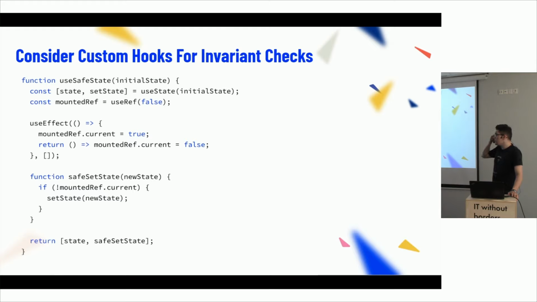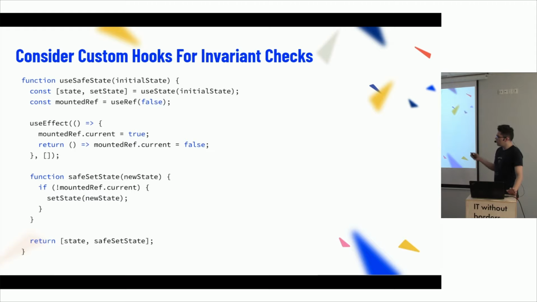This is a different use case. This is something that we try to get around in many different ways in React: the no-op operation of updating the state of a component that is already unmounted. If you write React, you probably came across the situation in which you get a warning in your console, a console error, that you try to update the state of a component that is already unmounted.